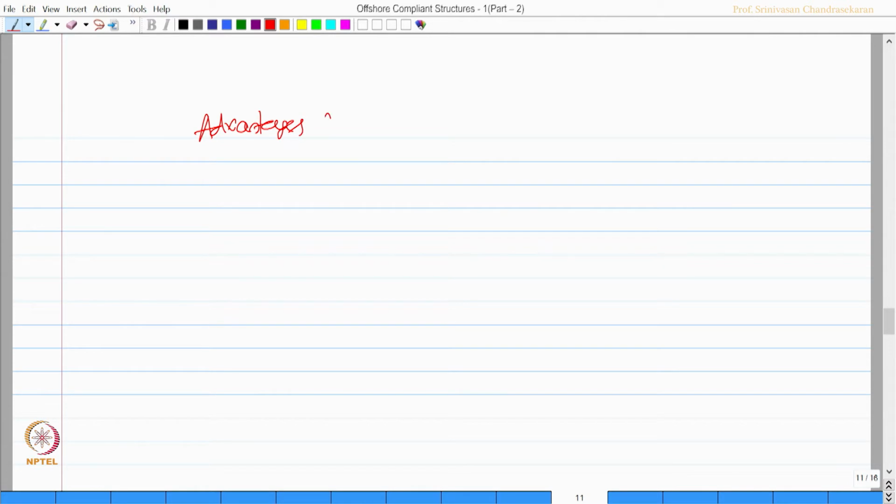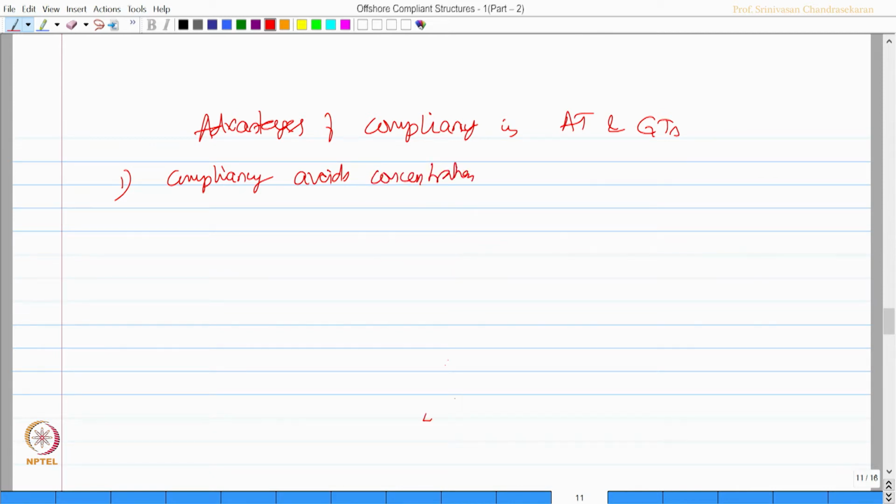Advantages of compliancy in ATs and GTs, that is guyed tower and articulated tower. Number 1. Compliancy avoids concentration of high moments at the bottom. That is one major advantage we have.